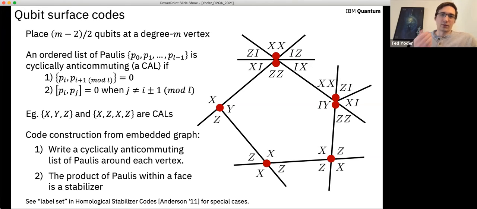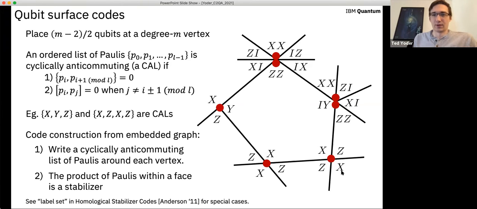Okay, so the code construction then goes: we place the qubits at the vertices, and then we write a cyclically anti-commuting list of polys around each vertex. And the product of polys within a face is a stabilizer.